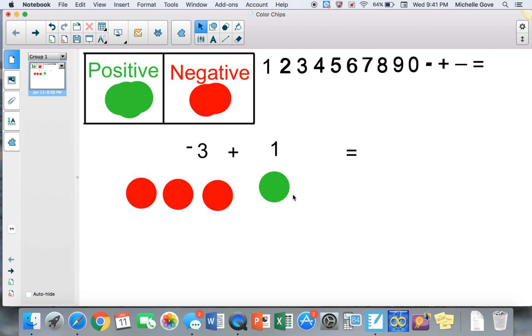And so what we're going to do is, we know that a red and a green are opposites or additive inverses. So what we're going to do is pair them together, and we know that they cancel out and so those will go away. And all I'm left with is 2 reds or 2 negatives. And so we know our answer is -2.